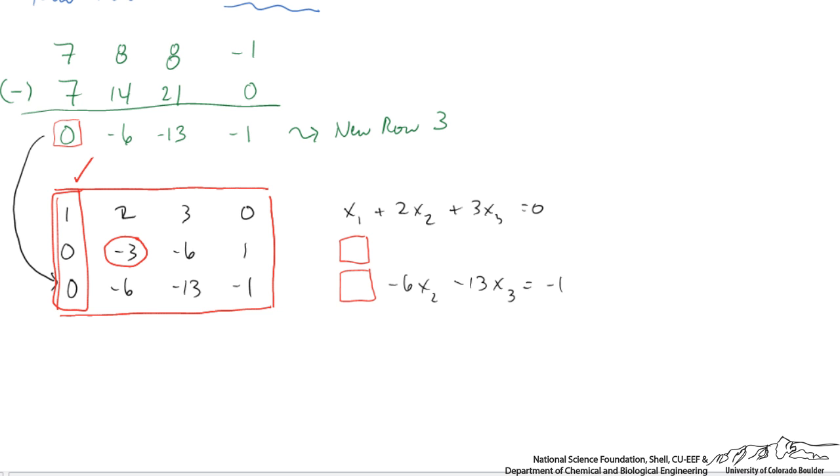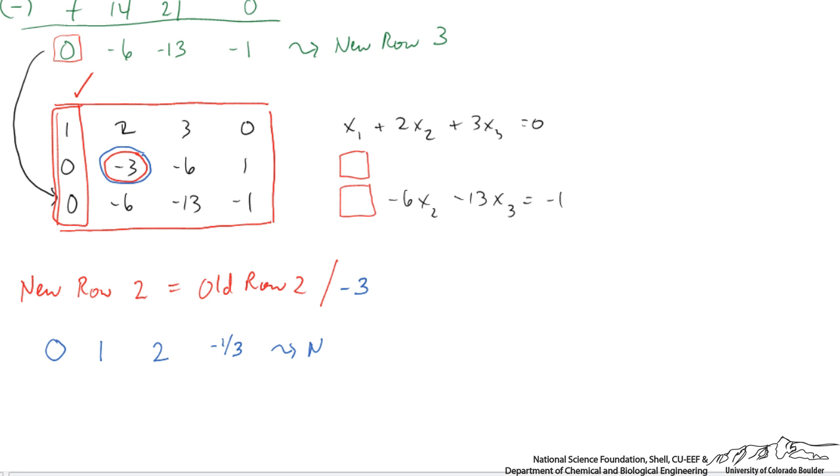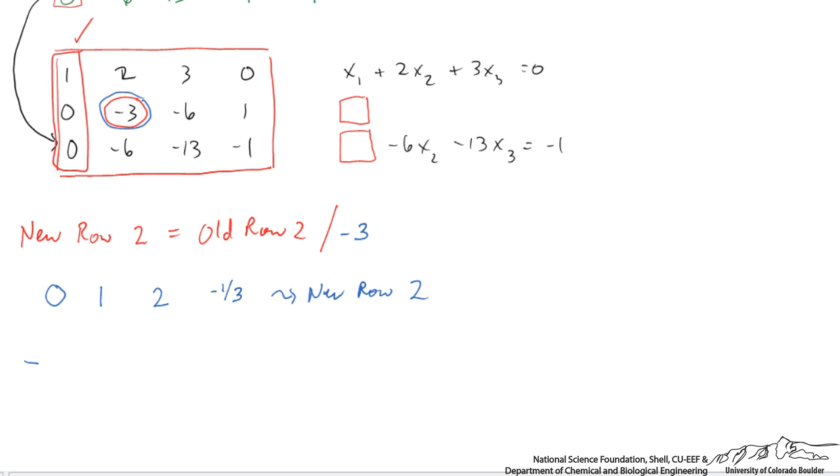The next step is to get this minus 3 to a 1. So new row 2 is going to be equal to the old row 2 divided by that minus 3. So this is our new row 2. I'm going to rewrite our augmented matrix. Now you see that we have these in the form we want.